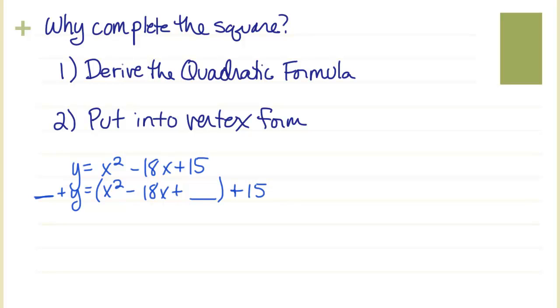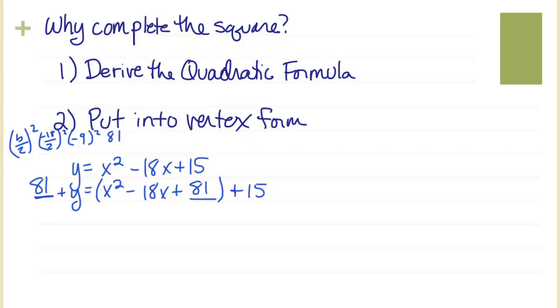So same thing as completing the square. We're going to do b over 2 squared to get our new c. In this case, negative 18 over 2 squared, which is negative 9 squared, which is 81. So we're going to put 81 on both sides. 81 here and 81 here.